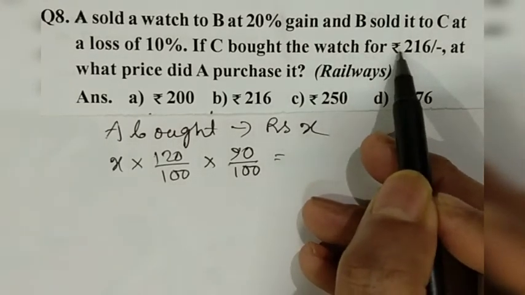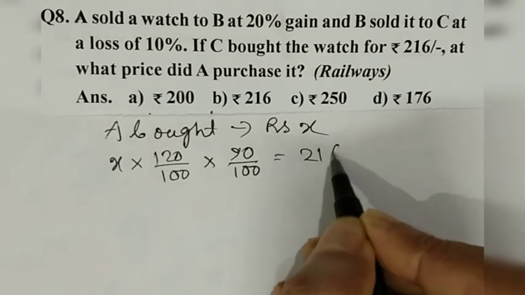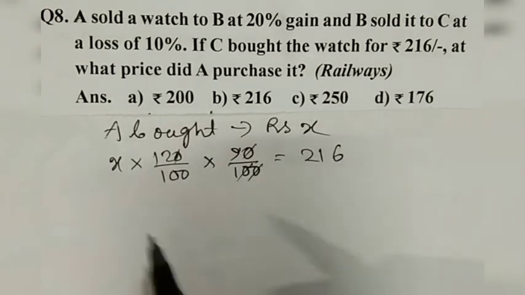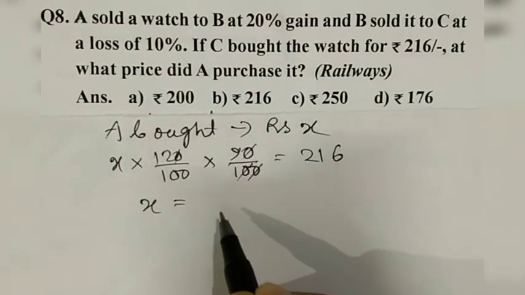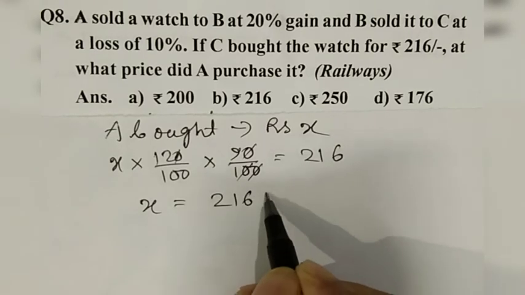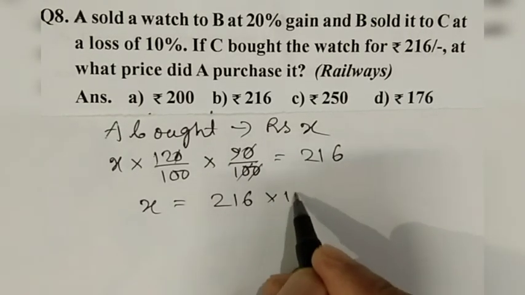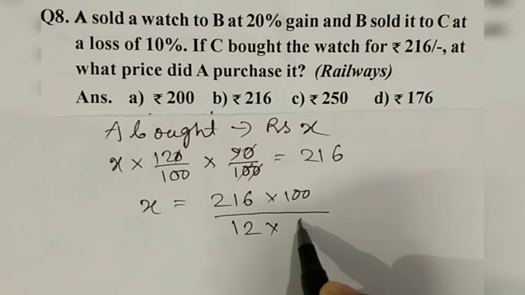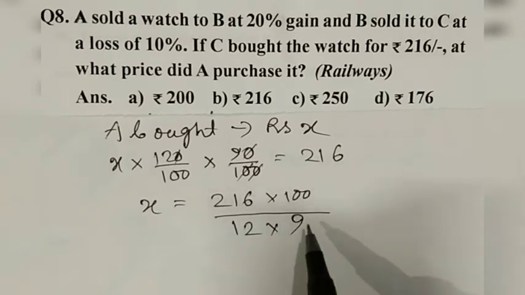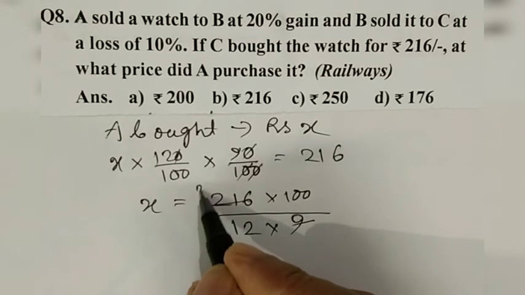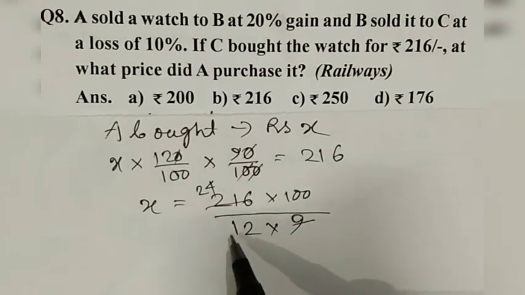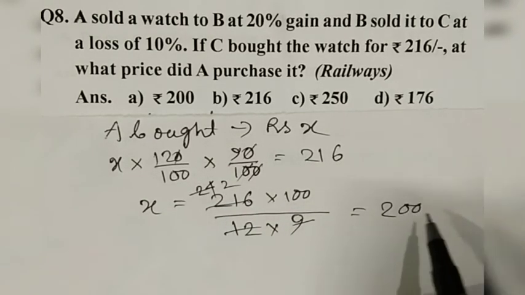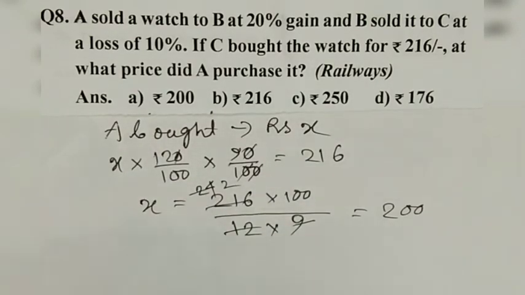Equal to 216. So X is 216 into 100 by 12 into 9. 216 by 9, 24. 24 by 12, 2. 2 into 100, 200. Answer is A. Okay?